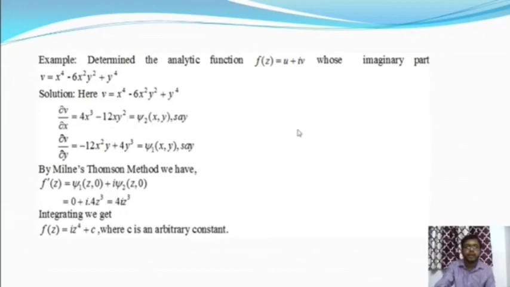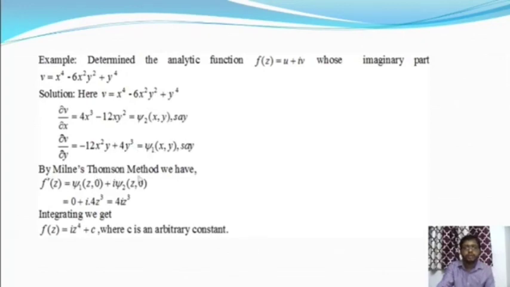Similarly, if we differentiate with respect to y, it will give minus 12x square y plus 4y to the power 3, and say it will be phi 2 of x comma y.